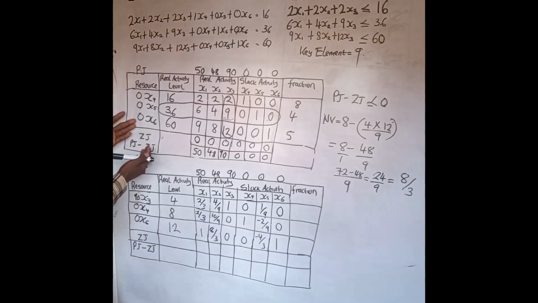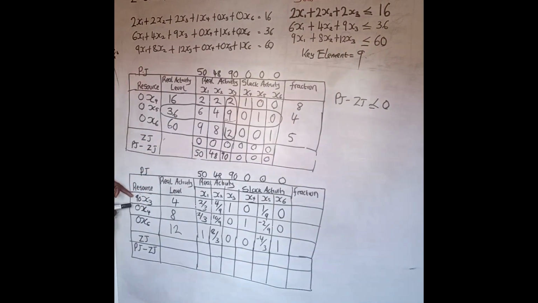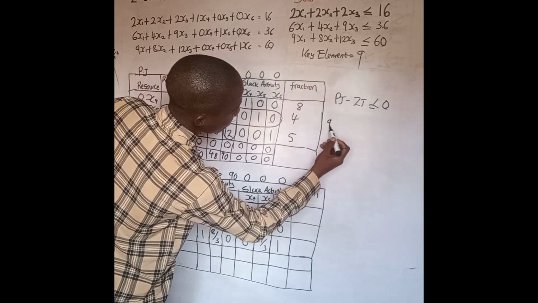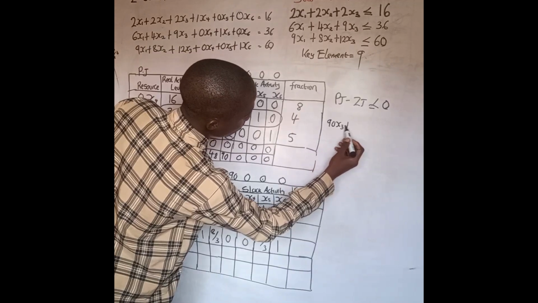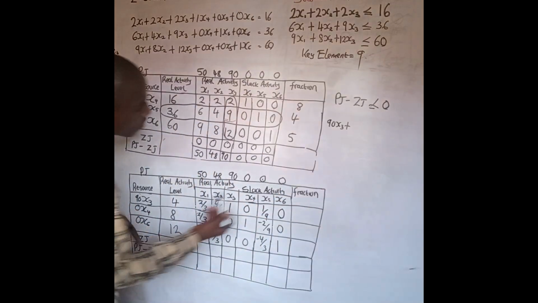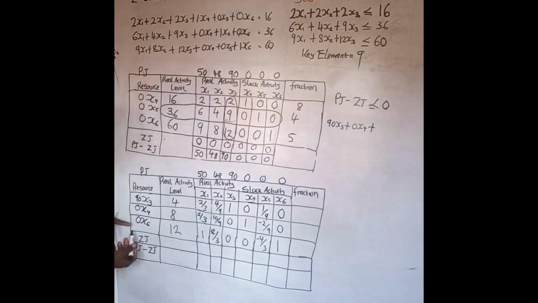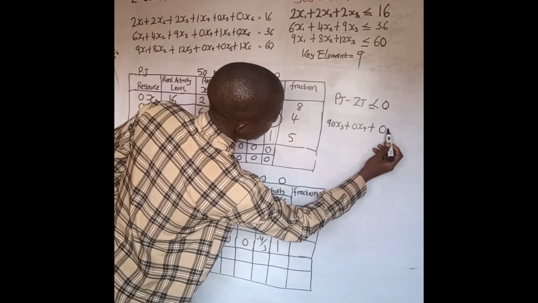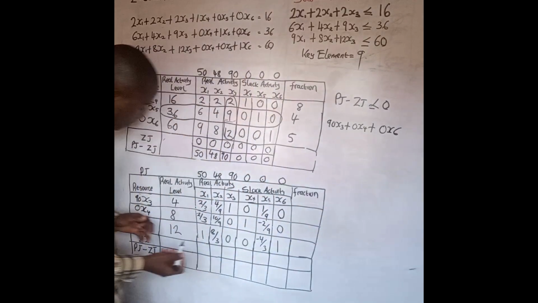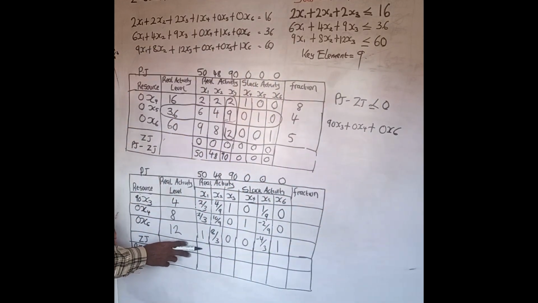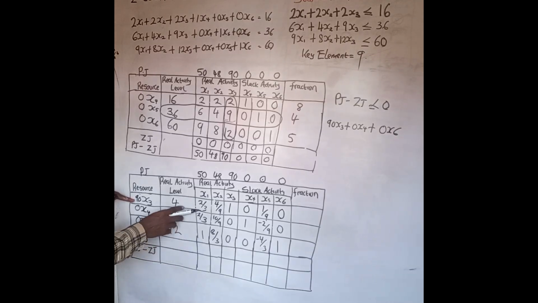We are still going to follow the same approach that we followed here. Look at this. We have 90x3 plus 0x4 plus 0x6. Now, if I want to find the value of the ZJ for these cells, I'm going to look at the corresponding element that falls into where 90 is.